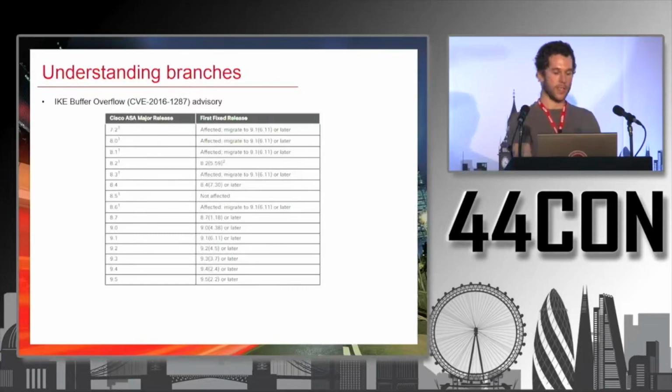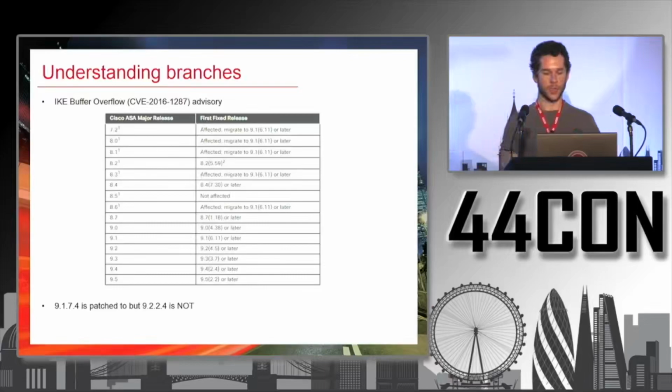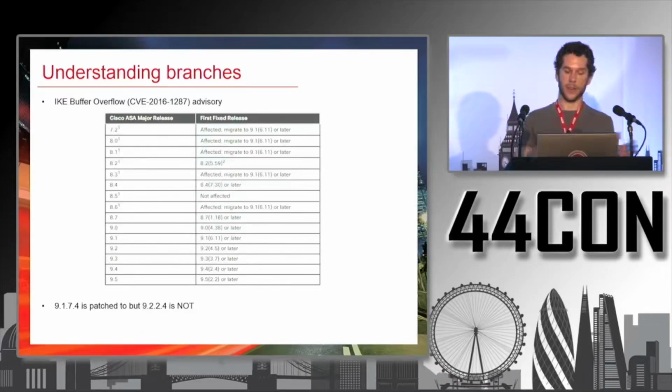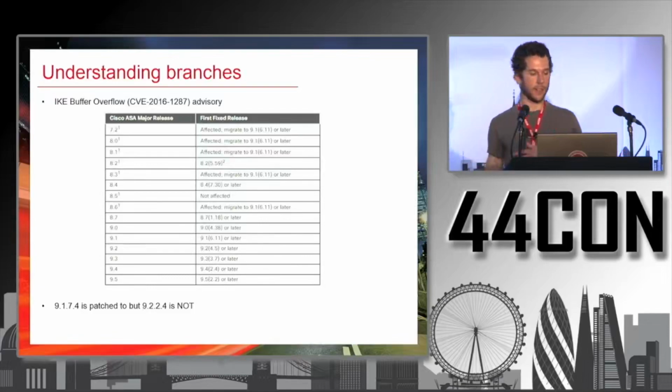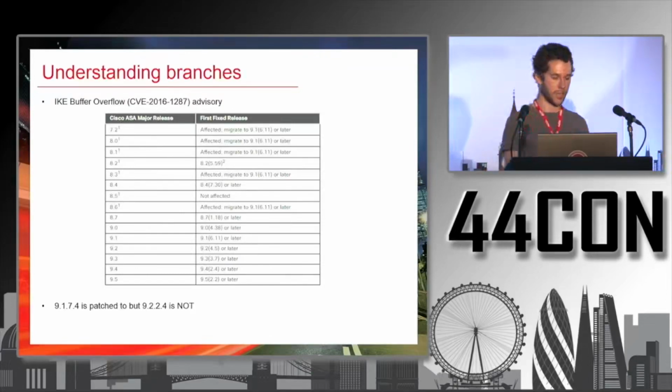What is interesting here is if you take two branches, 9.1 and 9.2: 9.1.7.4, because it's later than 9.1.6.11, is patched. But 9.2.2.4, because it's before 9.2.4.5, is not patched. So if you forget the table and just look at the line, 9.1.7.4 is patched but 9.2.2.4 isn't, which is a little bit weird.